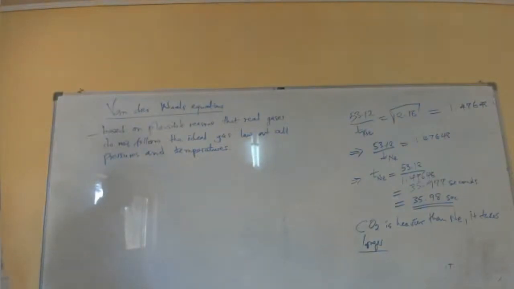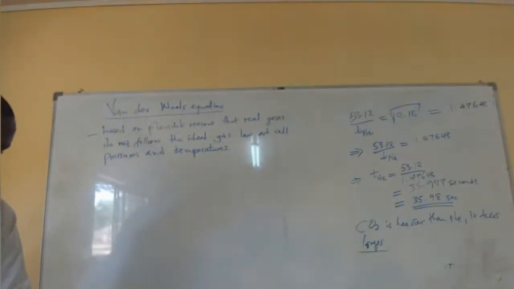This is not true for real gases because they actually have a volume. Okay, and therefore, if we were to use the ideal postulates here, or the kinetic molecular theory postulates here, we would be getting inaccurate numbers. And that is why we are saying that if we need to have super accurate numbers, then we need to use the van der Waals equation.